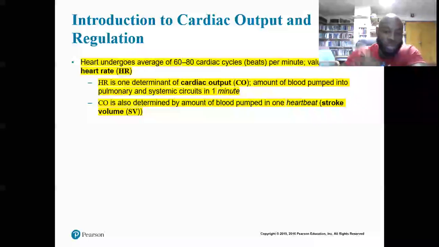Add both the right ventricle and left ventricle together, and all the blood that's pumped out in 1 minute is considered your cardiac output.